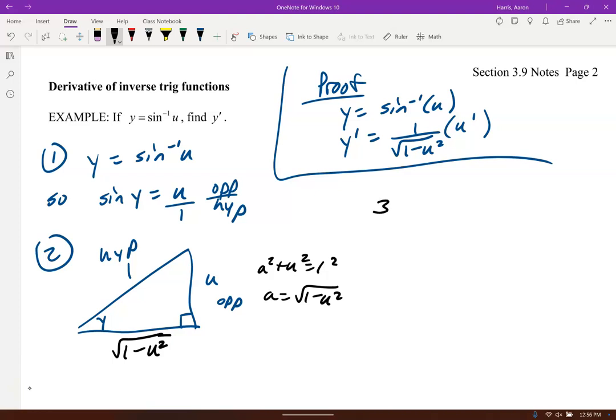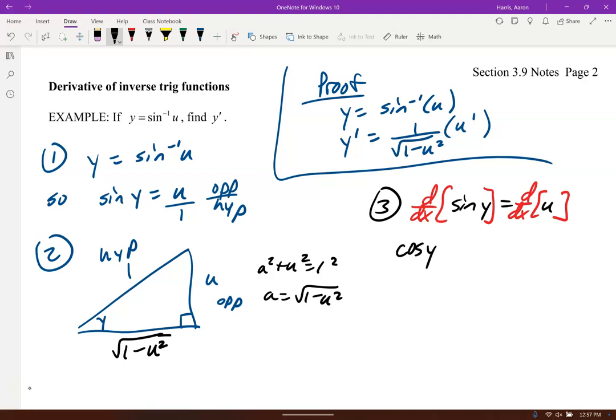So I solve for the third side. And so what we have now is the sine of y equals u. And what we're going to do is take that derivative with respect to x here. Well, I know that the derivative of the sine is the cosine of y, but these variables don't agree, so times dy dx.